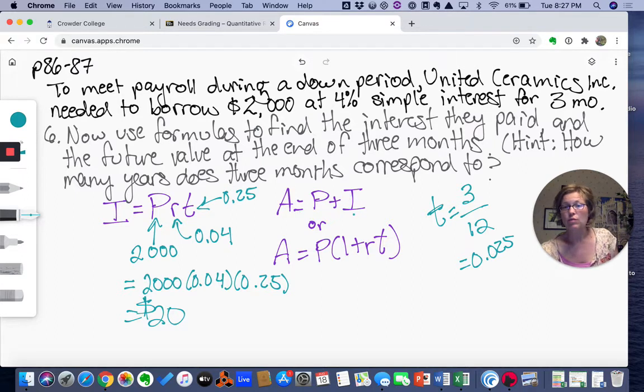The principal plus whatever we earn on interest is the future value. Now when we started this problem, we didn't know interest, but we just found it. So the future value is the principal, 2,000, plus the interest, which we just found out was 20, so 2020.